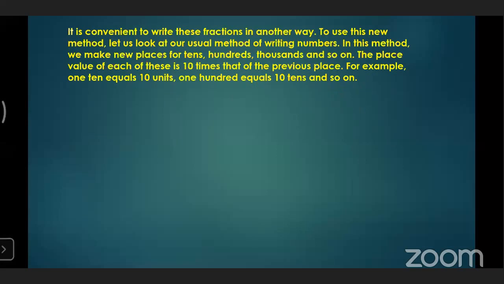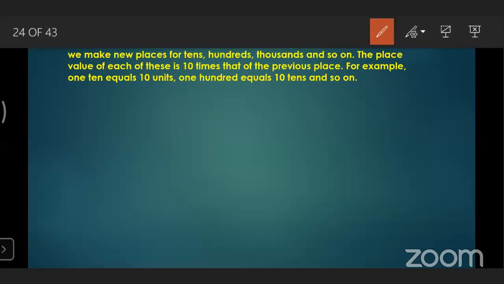You know that usually we write down the number like this: unit place, 10, 100, and 1000. Yes, unit, tens, hundreds, and thousands.